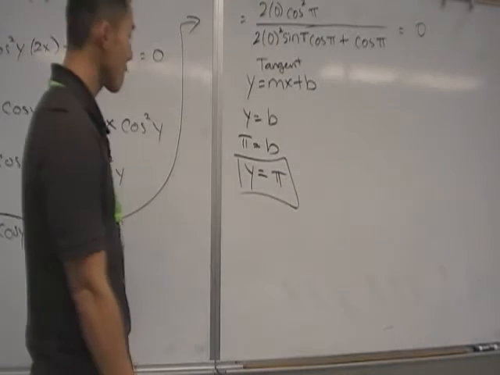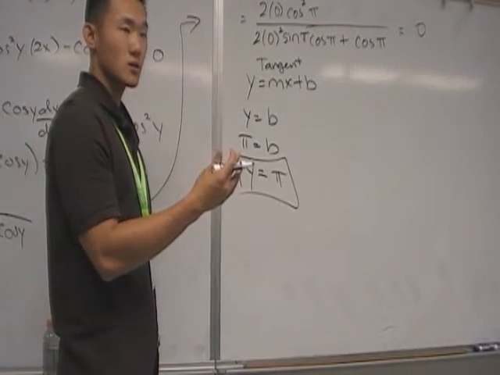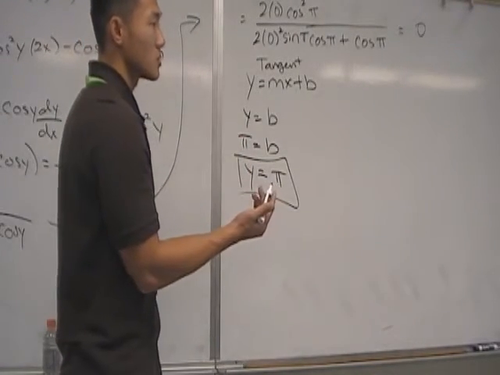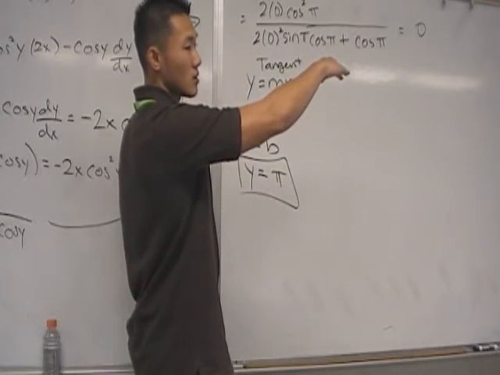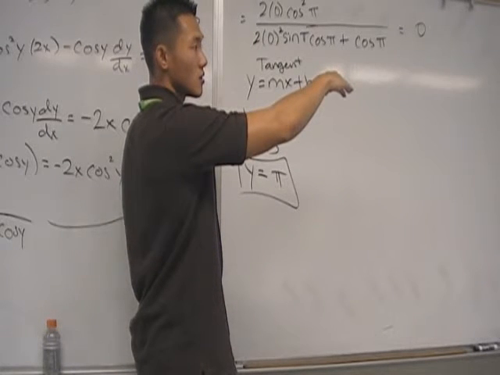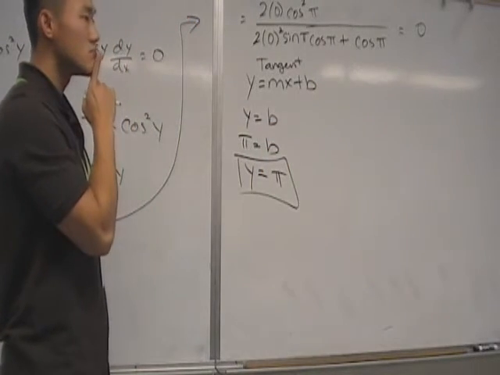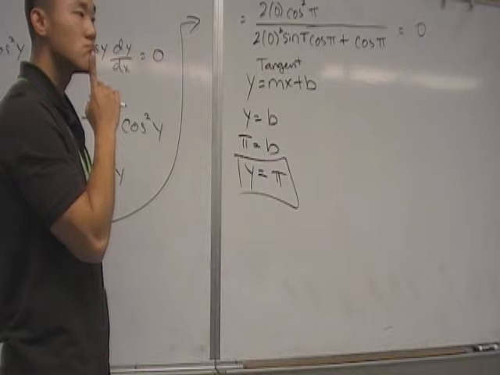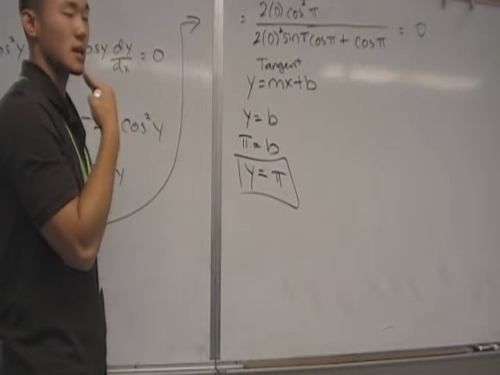Wouldn't the same thing be the normal line? No, because the normal line has to be perpendicular. So I guess the normal line could be x equals a number. Mathematically, it gets the same thing as 0, but perpendicular, that would actually be a vertical line. Where would it be along the x-axis?